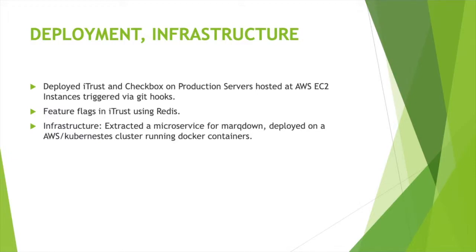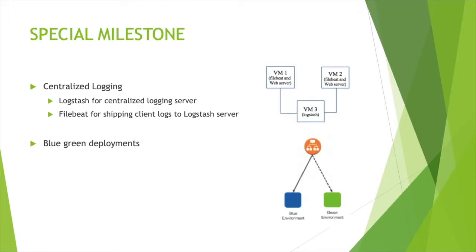For the special milestone, we created a centralized logging infrastructure where we installed Logstash on a logging server and we installed Filebeat on an iTrust server, which can also be installed on a Checkbox server.